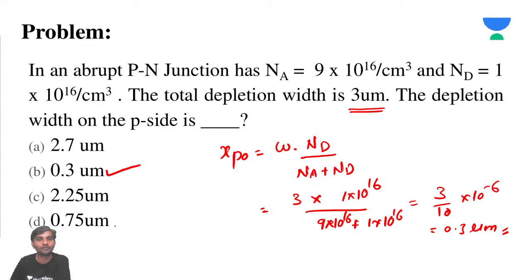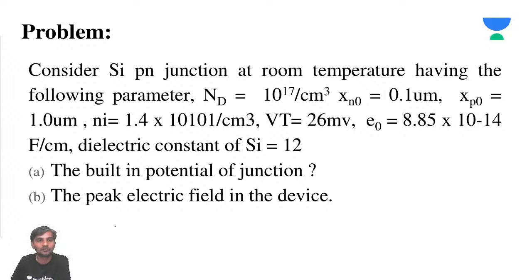Okay, quickly we'll go to the next problem. Consider a silicon PN junction at room temperature having the following parameters. Xn naught is equal to 0.1, Xp naught is equal to 1.0 micrometers, Ni is equal to 1.4 into 10 to the power of 10 per centimeter cube.